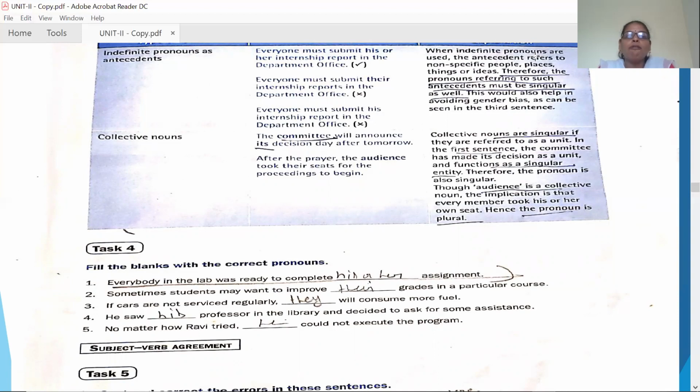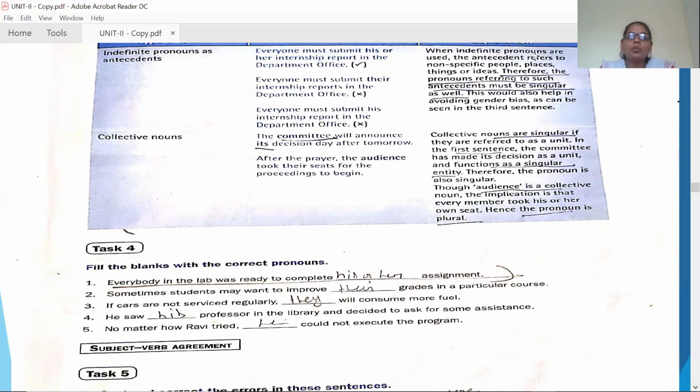Sometimes the students may want to improve their grades in a particular course. Third one: if cars are not serviced regularly, they will consume more fuel. If cars, we are talking about the noun cars, and here it is plural, so the pronoun should be they. Cars, they. He saw his professor in the library and decided to ask for some assistance.